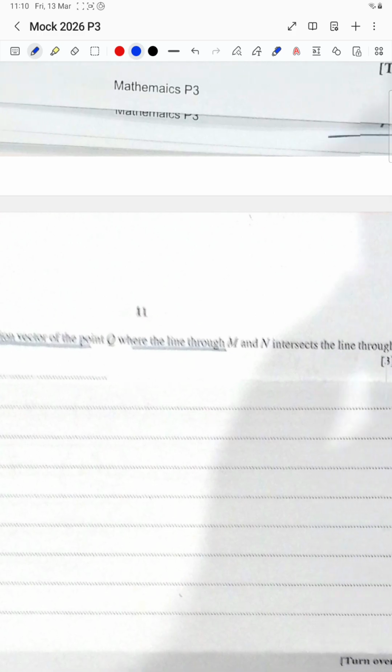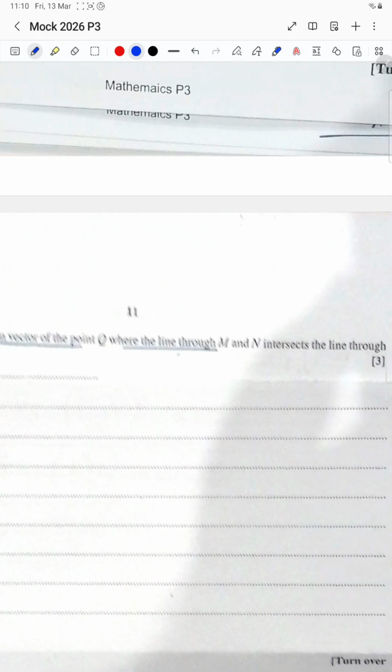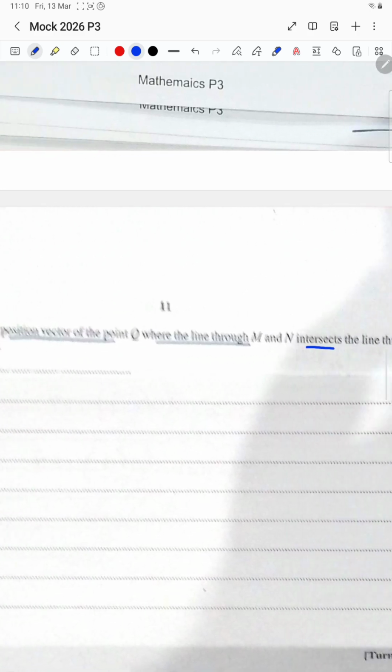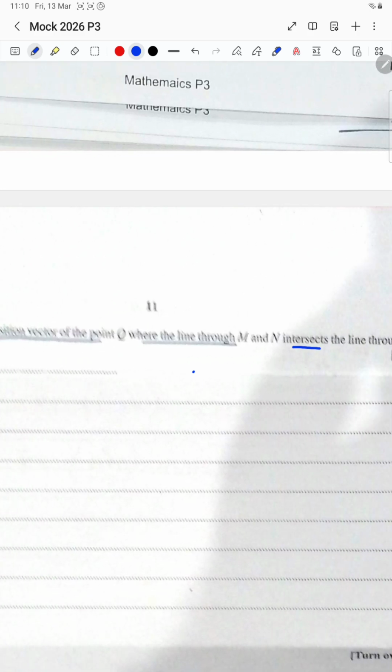It means line MN intersects line AB, so we have to solve line AB and MN simultaneously.